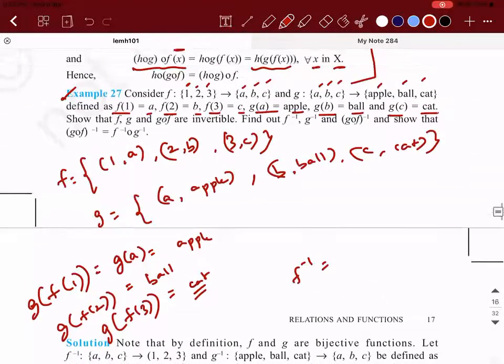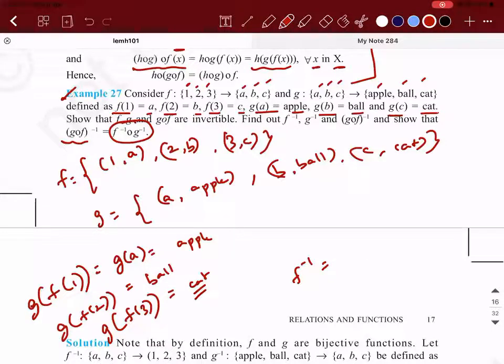And find f circle g also. So they're asking to find the inverse of g circle f that we found. What is it? (apple,1), (ball,2), (cat,3). Okay, they're asking us to find f inverse circle g inverse.